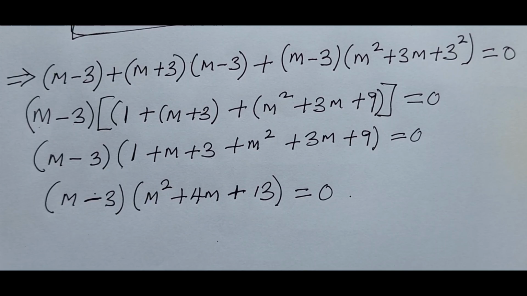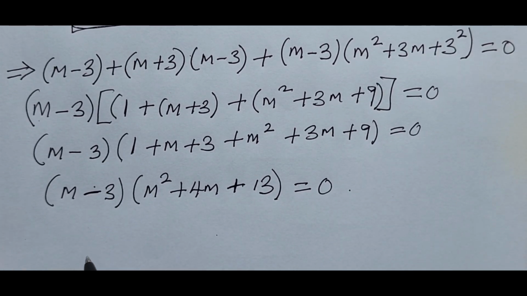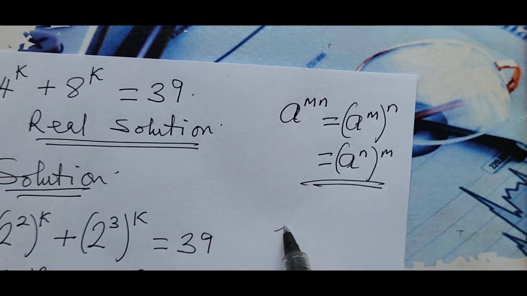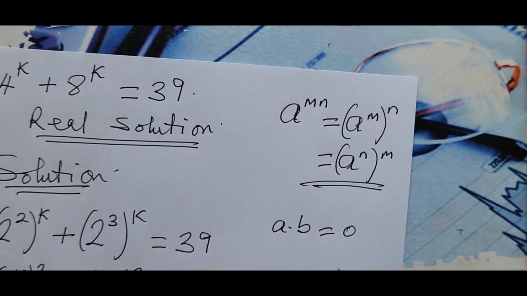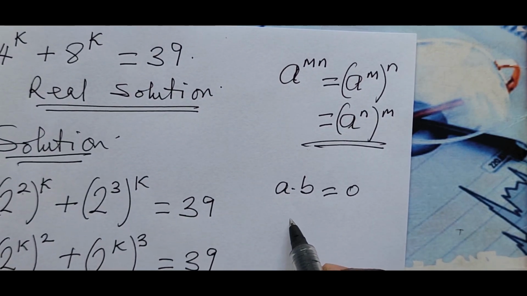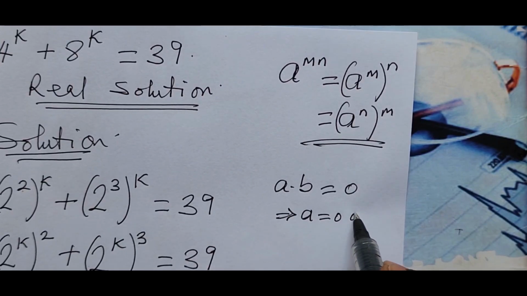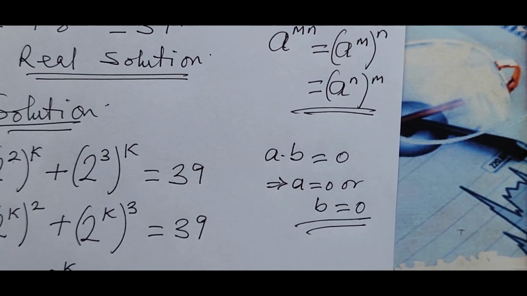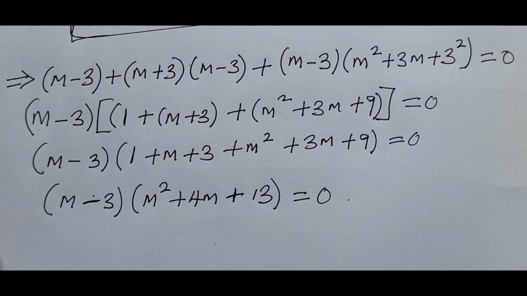So we now have a two-case scenario, where we apply the zero property. The zero property states that if A times B is equal to 0, then A is equal to 0 or B is equal to 0. So we have two cases.